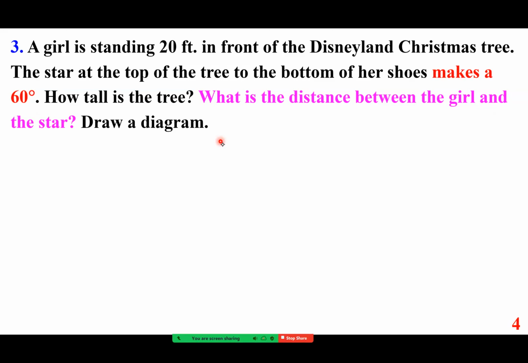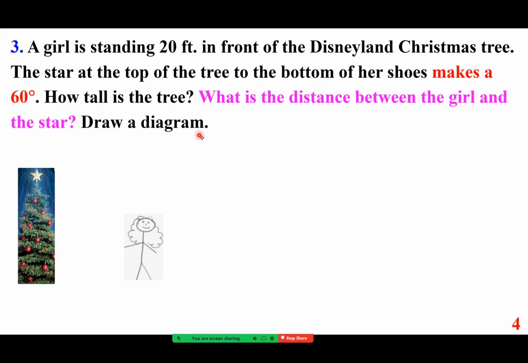Thank you so much. Anytime we have a case like this, drawing a diagram is a must, so we understand the situation. Without a diagram, it's impossible to solve this. So here's the tree. Here's the star. Here's the distance between the girl and the star.